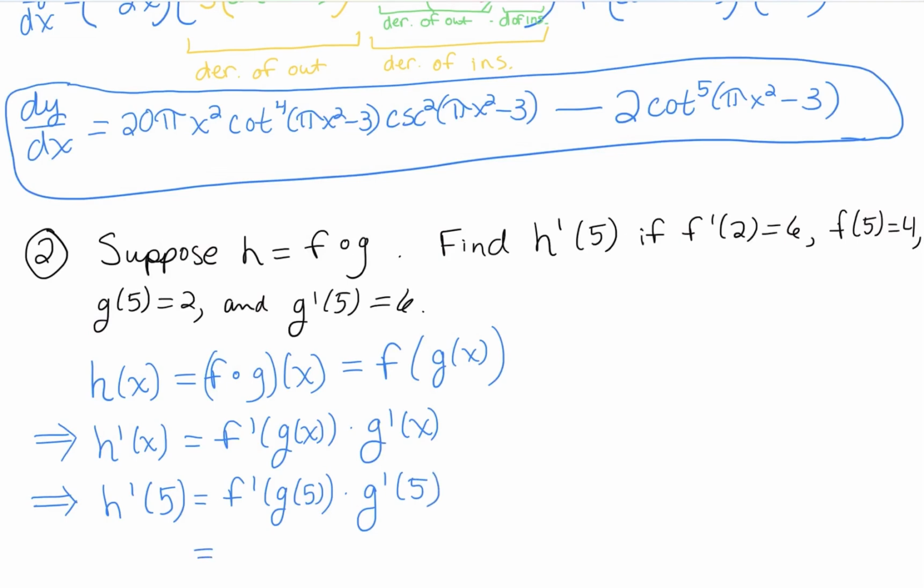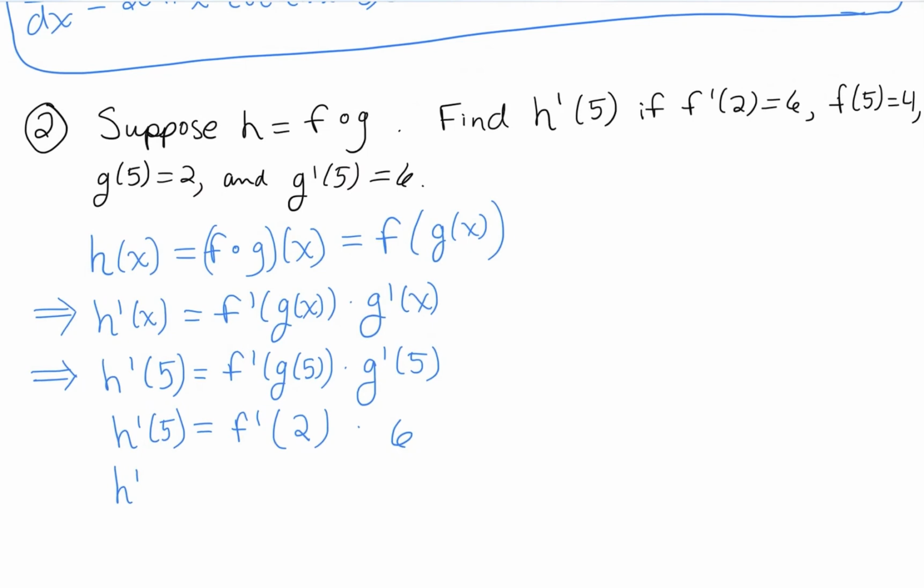And now let's see how the values that they gave me might be useful. So g of 5, that was given, yep, for a second I lost it in the first statement in the second row. So g of 5 was equal to 2, and g prime of 5, also in the second row, that was equal to 6. But I still need to evaluate in the first factor f prime of 2.